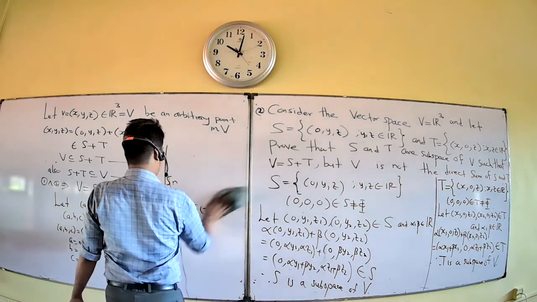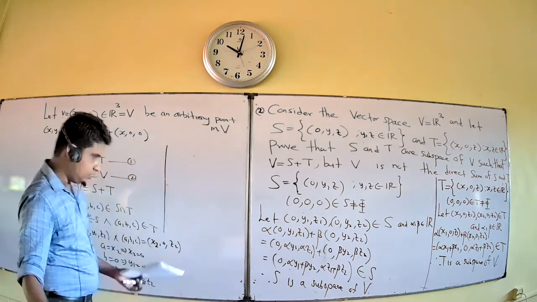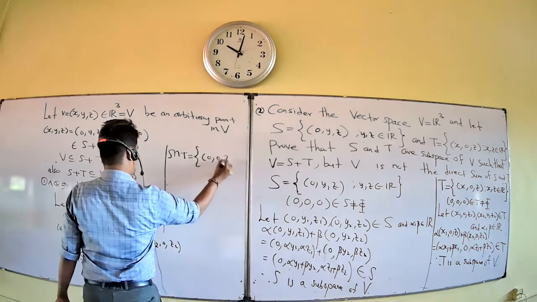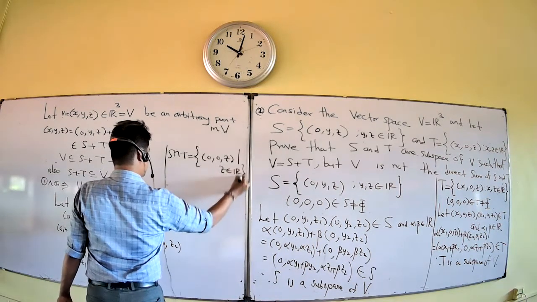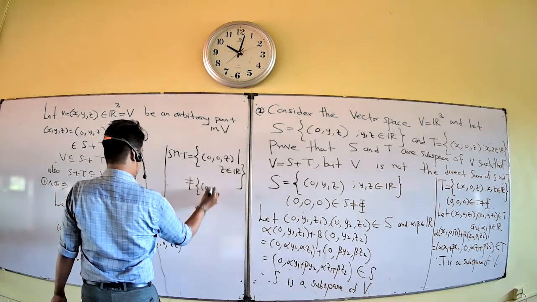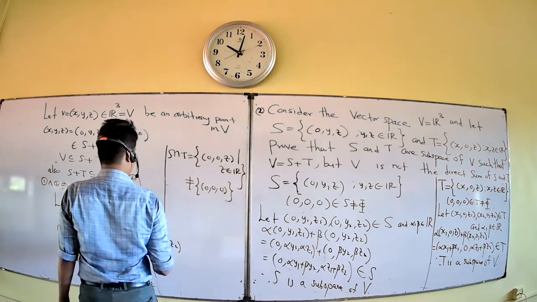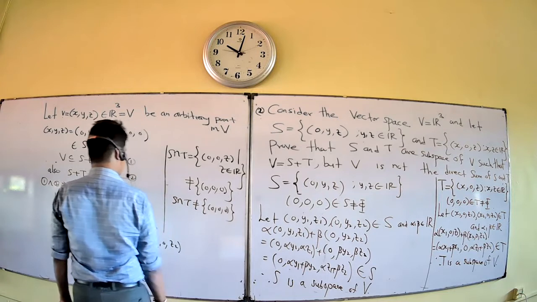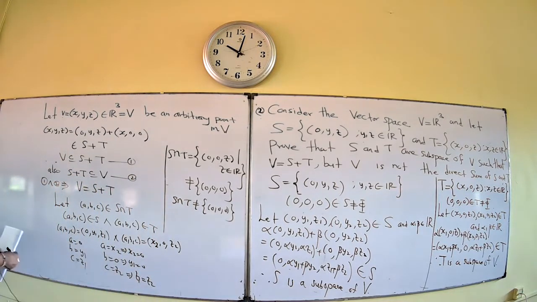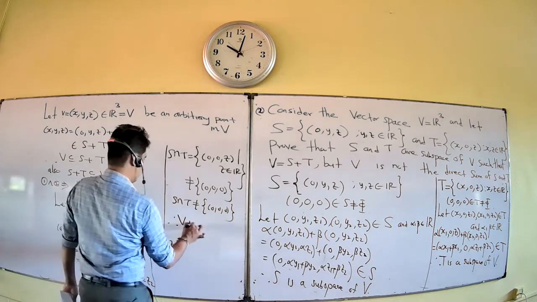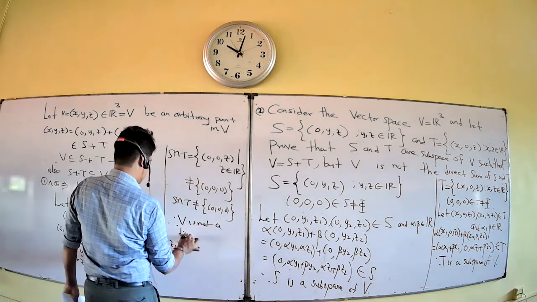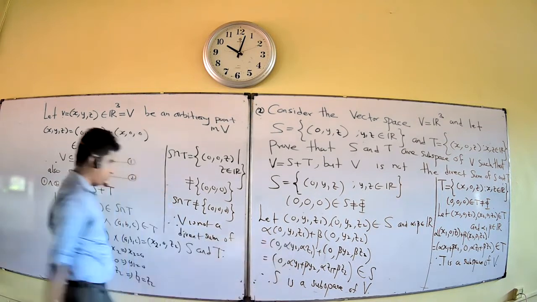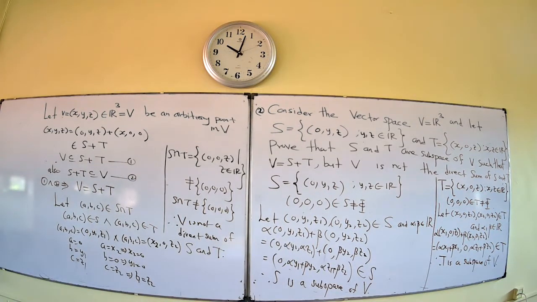The intersection is not equal to (0, 0, 0), because S intersection T is of the form (0, 0, z), where z belongs to the real numbers. Therefore, this condition does not work. Therefore V is not a direct sum of S and T.